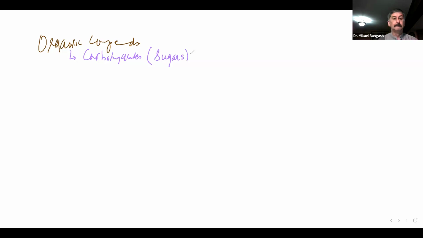Please keep in mind, guys, that sugar does not necessarily have to be sweet. Usually when we say sugar, you may think it has to be sweet, but there are sugars which are not sweet. They may not necessarily be bitter, but they are not sweet.